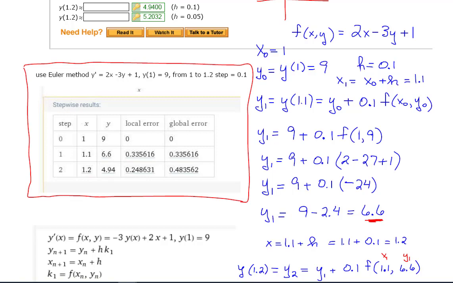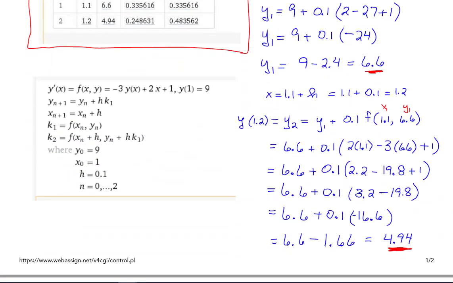So now we take one more step forward. All right, so that's x equals 1.1 where we left off, plus our step size, which will take me to 1.2. So y at 1.2 is y2, which is y1 plus my step size 0.1 times f at my new position. So that's at 1.1 and 6.6. So again, we're stepping through the flow field.